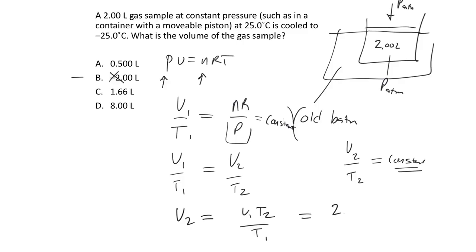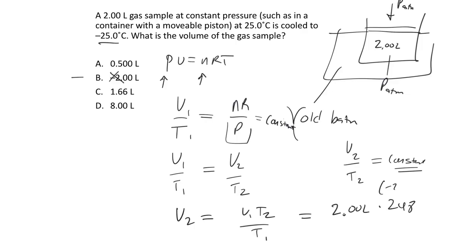So we're taking our 2 liters initial and then times our T2, negative 25 is negative 25 plus 273. That would be, I think, 248. Double check. Yep, 248 Kelvin.